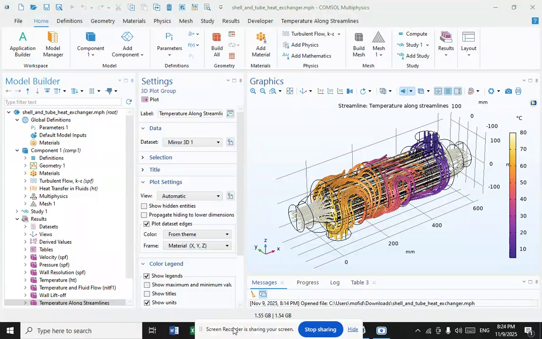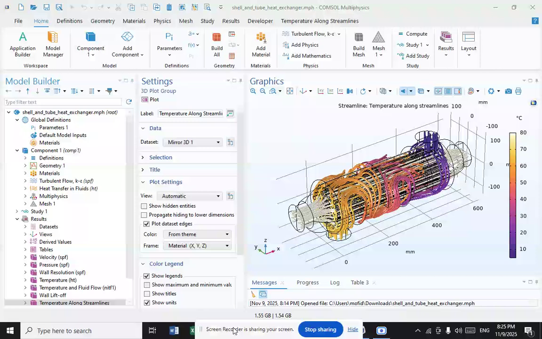Then the second type is the shell and tube heat exchanger. In a shell and tube heat exchanger, two fluids at different temperatures flow through the heat exchanger. One of the fluids flows through the tube side and the other fluid flows outside the tubes.